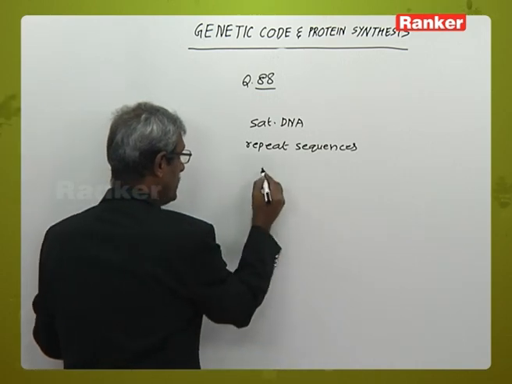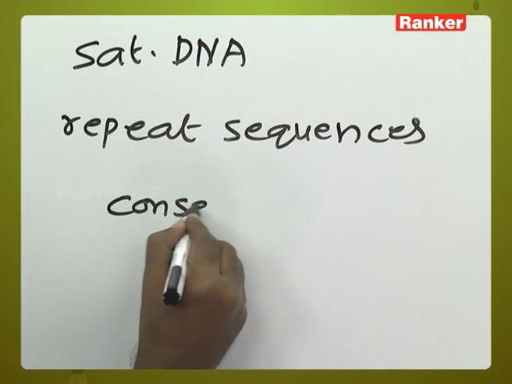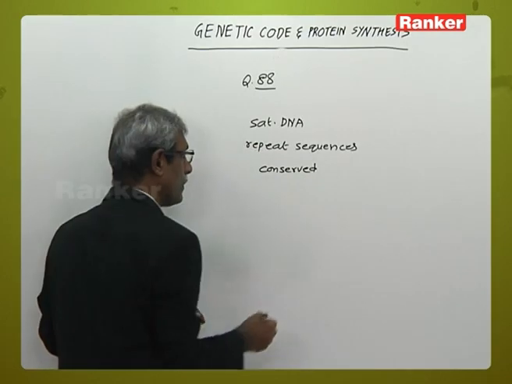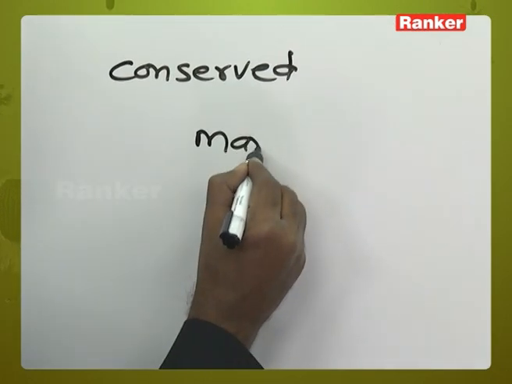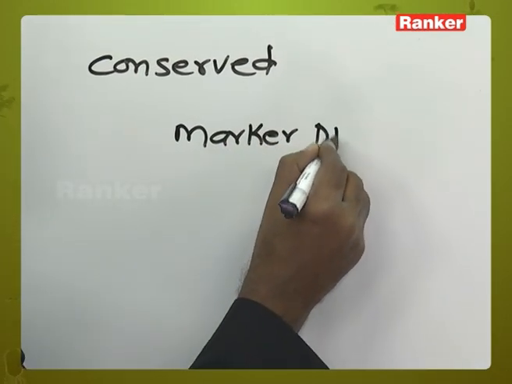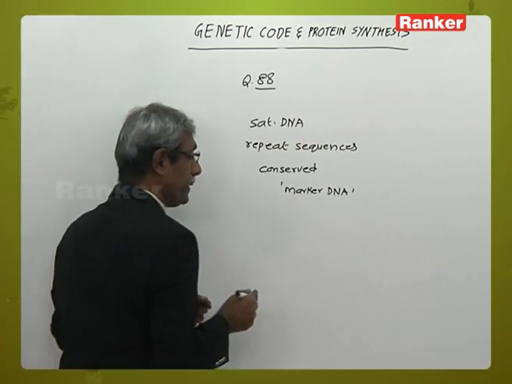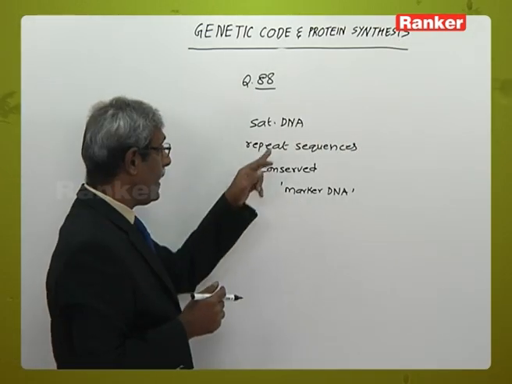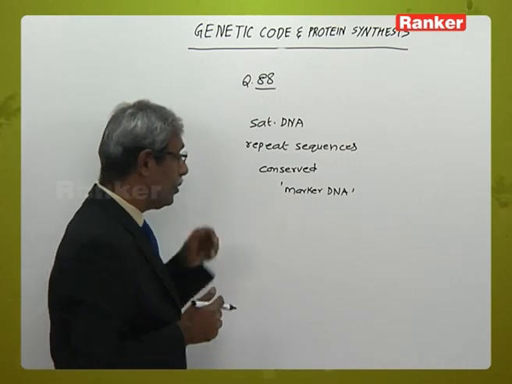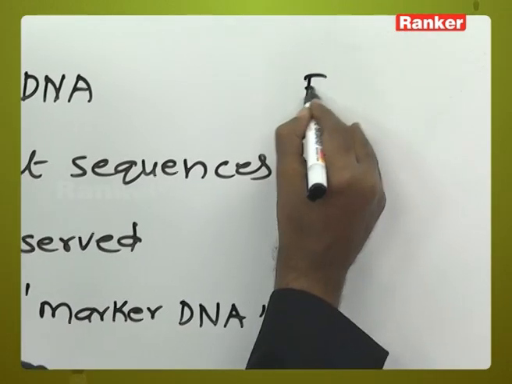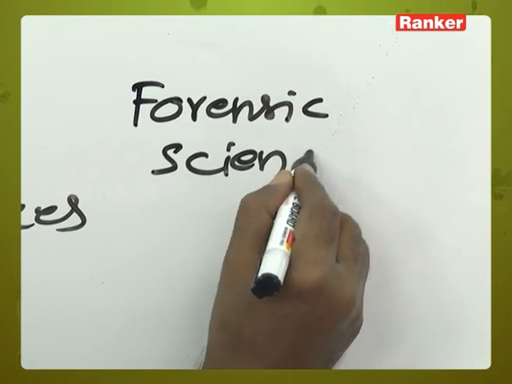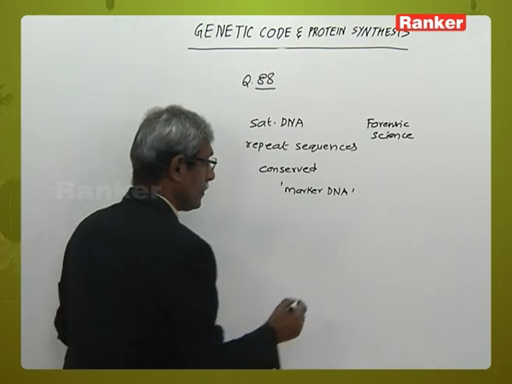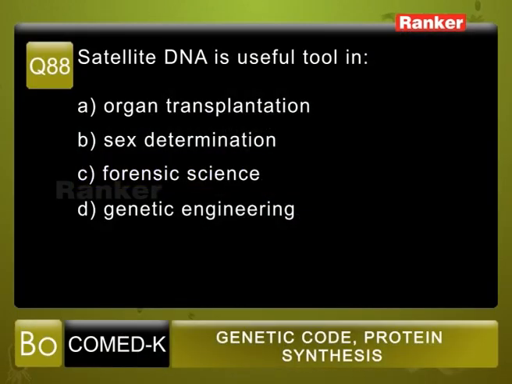Repeat sequences means the DNA is conserved. And because it is conserved, it is a useful marker DNA in terms of history. Thereby, satellite DNA is a useful tool for studies on forensic science. The right answer is C.